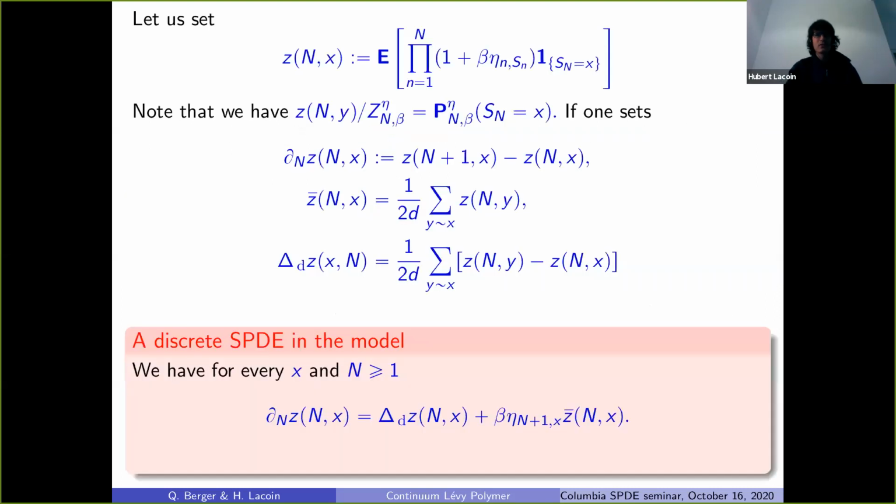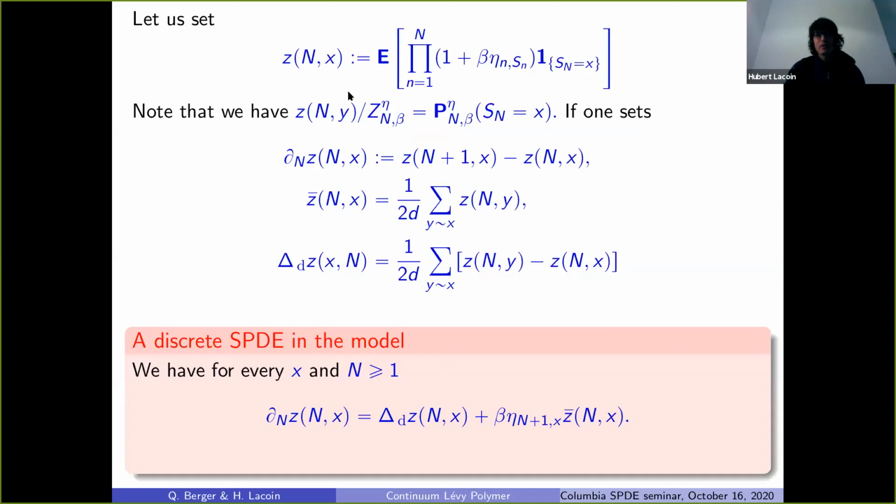Okay, so I think it's an SPDE seminar, so I will have to justify my presence here by introducing an equation. So let me explain why these directed polymers are related to SPDEs by introducing the point-to-point partition function.